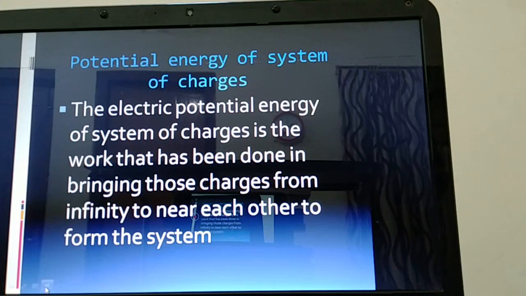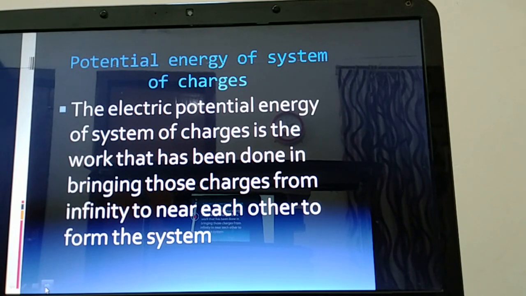Suppose you take the first charge from infinity to its point. How much work do you have to do? Then you take the second charge from infinity to its respective point. How much work do you have to do for that? Since it is a two-charge system, the work done for the first particle is W1 and for the second particle is W2. The total work done will be W1 plus W2. That total work done will be stored as the potential energy of that system.